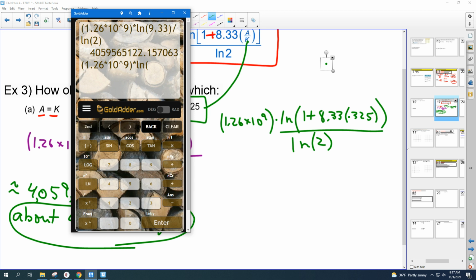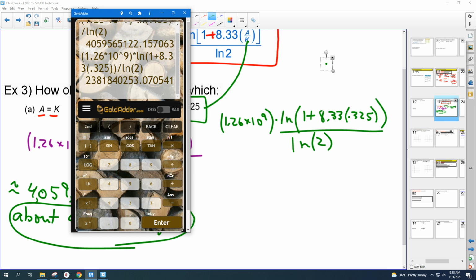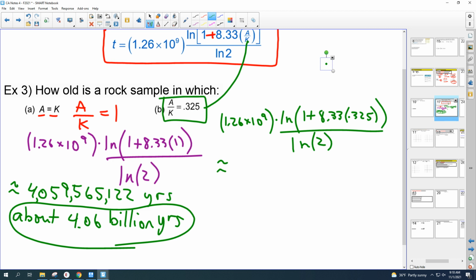So 1.26 times 10 to the 9th times natural log 1 plus 8.33 times 0.325, close it and close the whole thing, divided by natural log of 2. So once you get all that entered in, we get that big, huge number, which is about 2,381,840,253 years. About that number of years, which is about 2.38 billion.